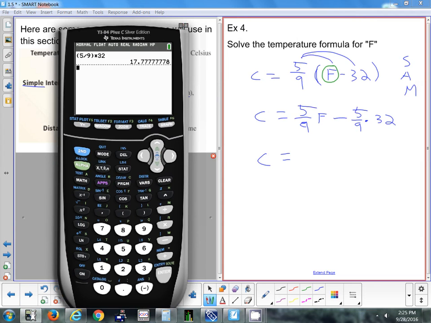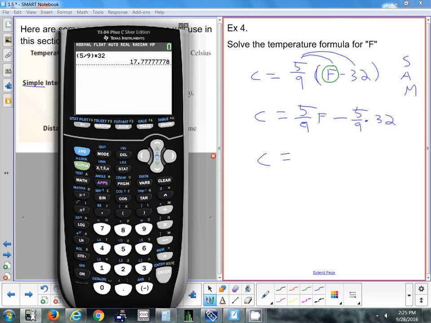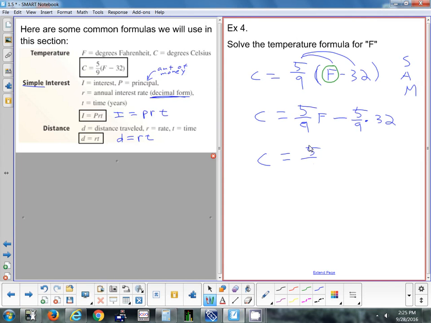Okay, and I get, you know what, let's leave it, let's round it off. 17.78. Okay, let's just round it off. So minus 17.78. All right, so I've done my simplify.